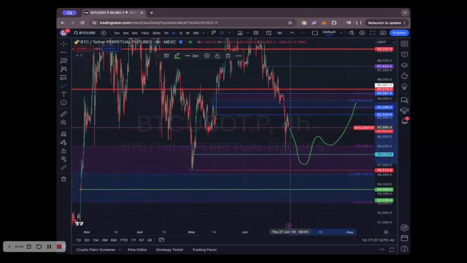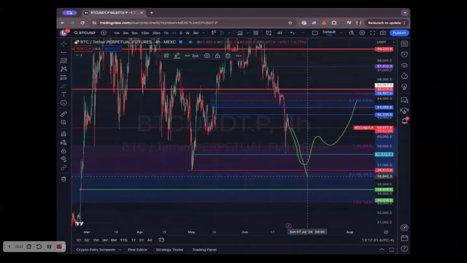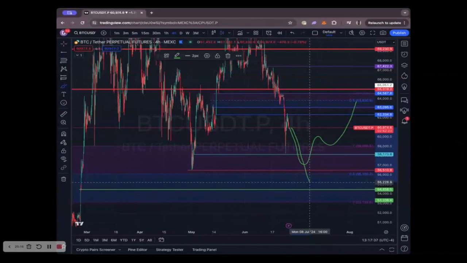However, depending on the impulse, if we break this and are unable to close above quickly enough, we will see 54 probably, or lower.